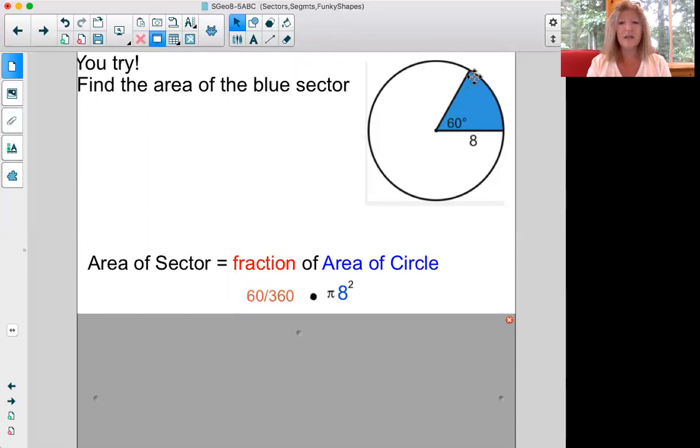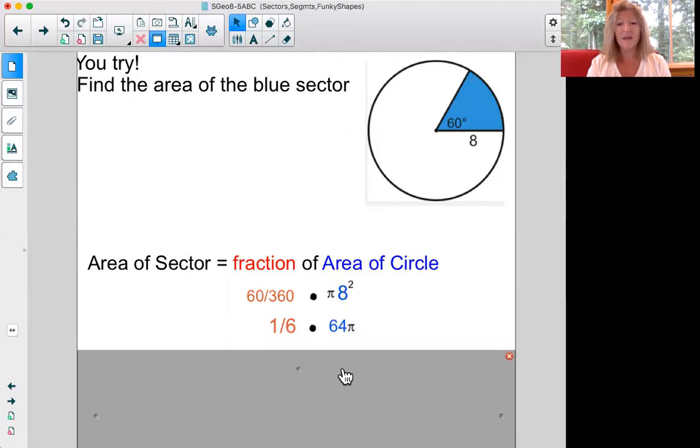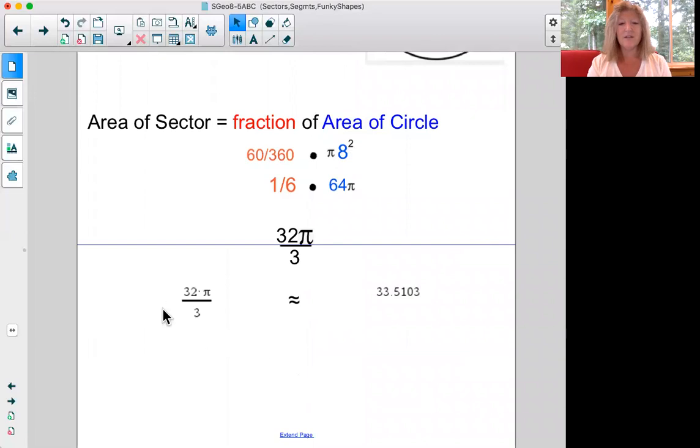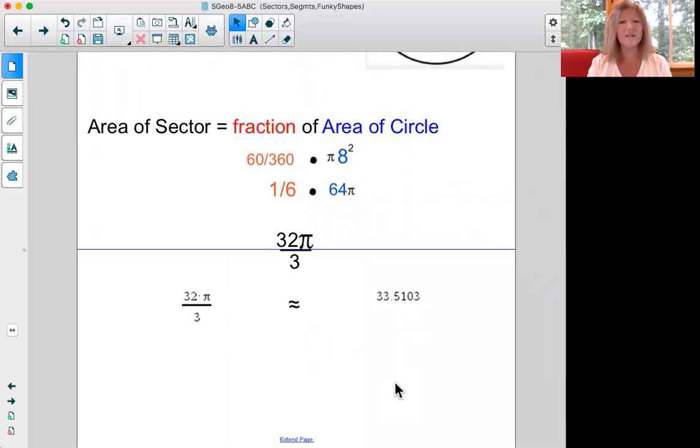It's going to be 60 divided by 360. Of is always times. The area of the circle is pi r squared, where r is 8. And so we can reduce our fraction. 8 squared is 64. And when we use our calculator, we can either leave it in terms of pi, or we can get a decimal approximation. Either one is fine.